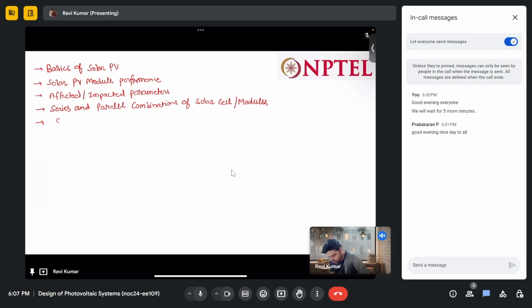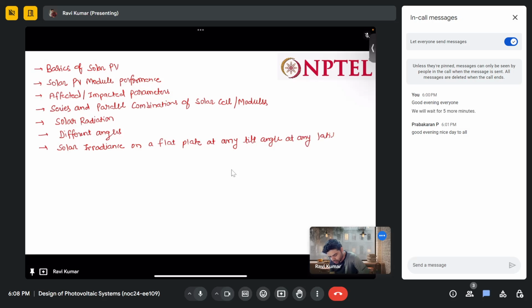Then we have also studied solar radiation, different angles, solar irradiance on a flat plate at any tilt angle, at any latitude on the earth.